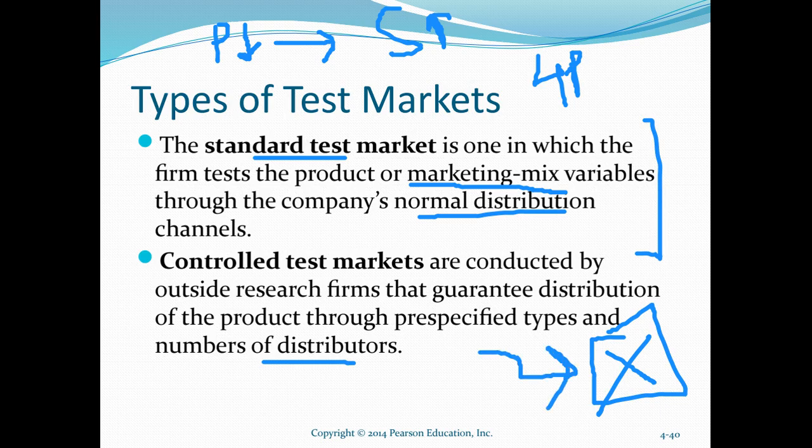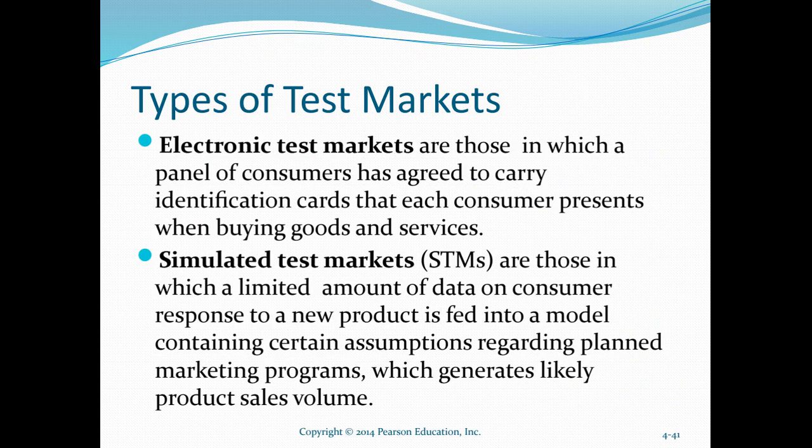So these are for marketing purposes. You can also use electronic test markets to test consumer behavior, in which a panel of consumers has agreed to carry identification cards that each consumer presents when buying goods or services.